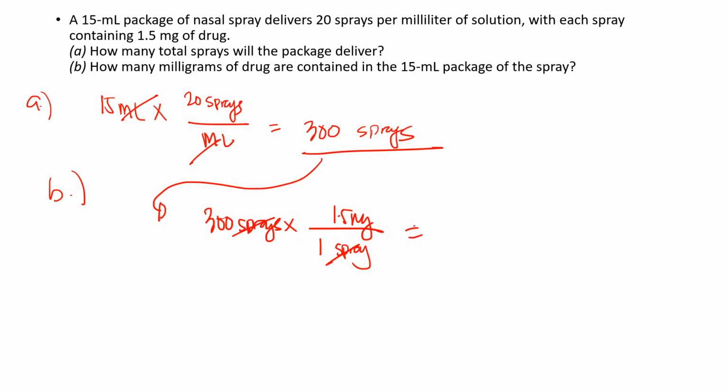So 300 times 1.5, I think it's 450 milligrams. So the whole package of 15 ml contains 450 milligrams of drug. So I think this would be it. This is the final problem.